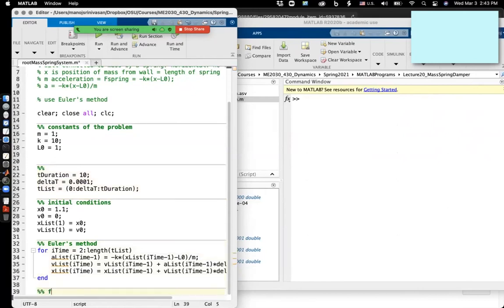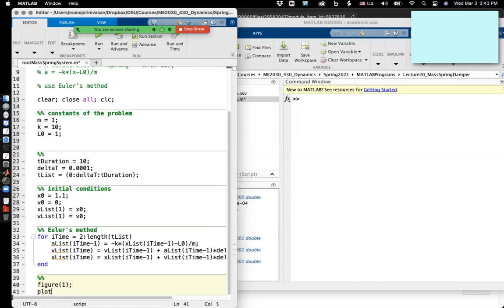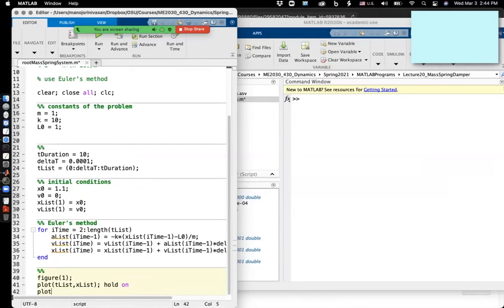Let's actually do a figure. We plot t list, comma, x list. And then we can plot t list, comma, v list.